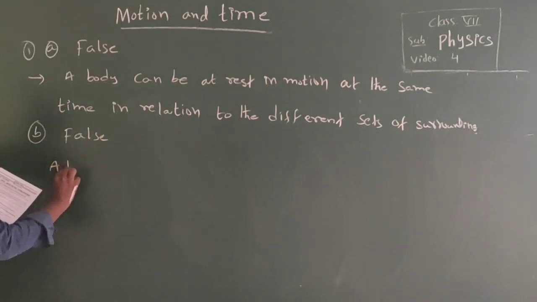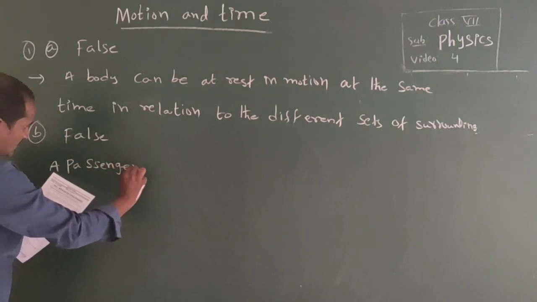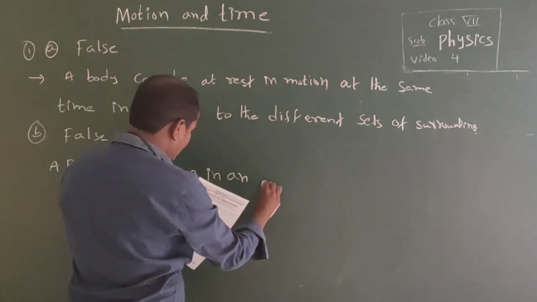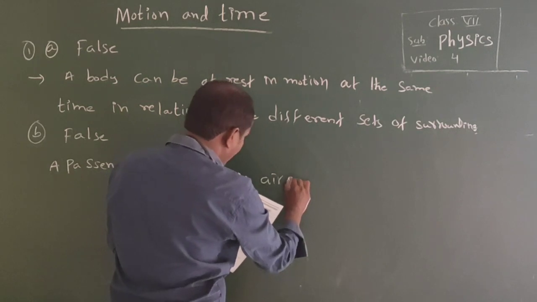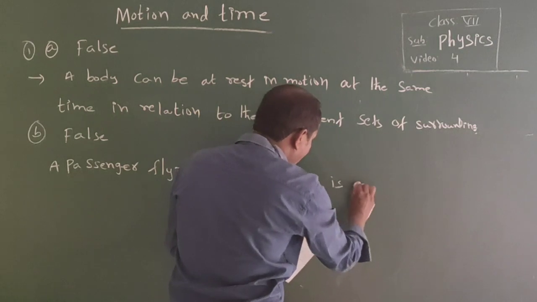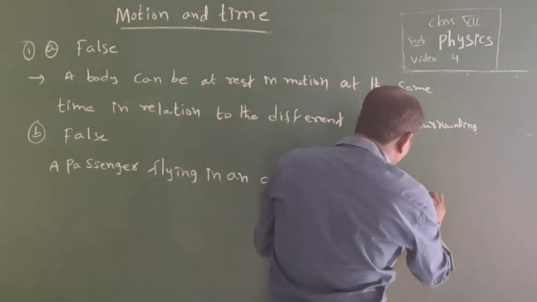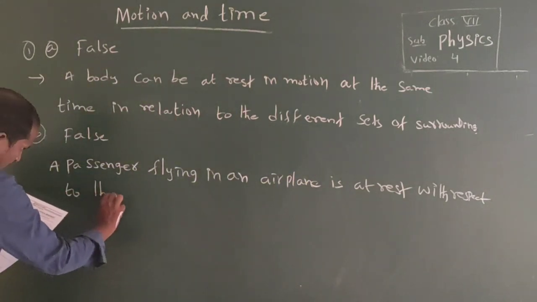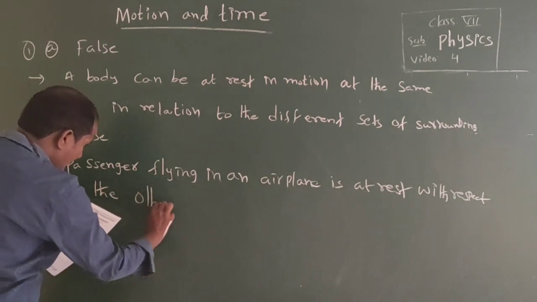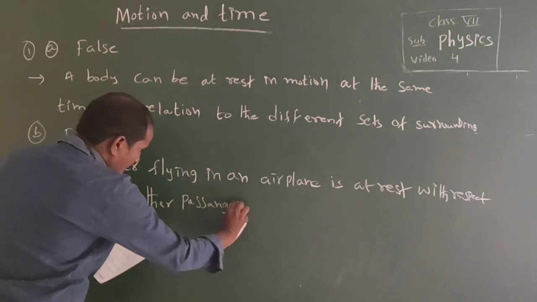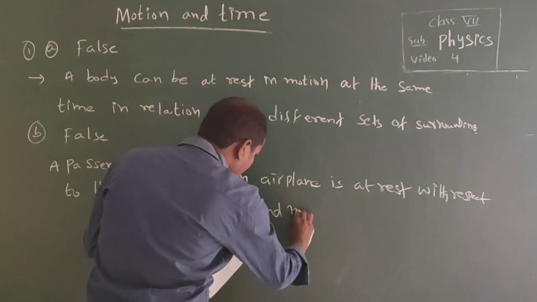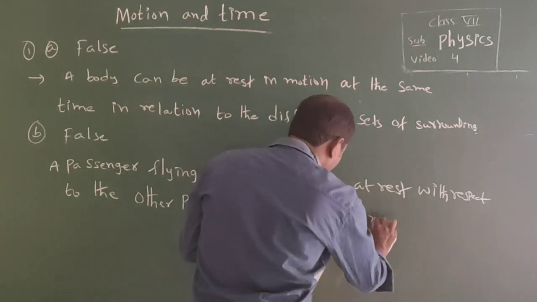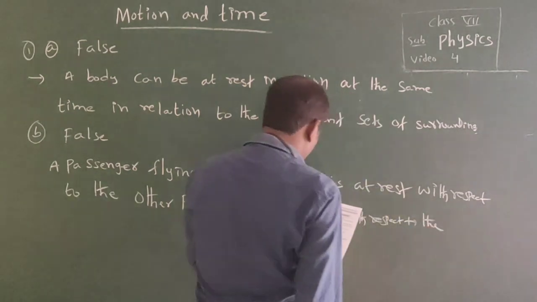A passenger flying in an airplane is at rest with respect to the other passenger and moving with respect to the airport.